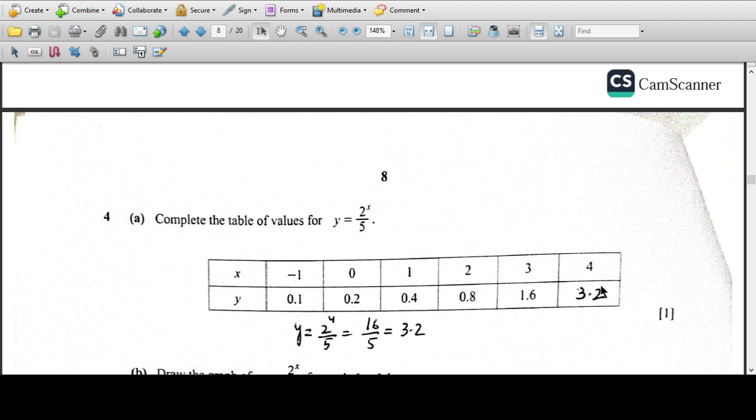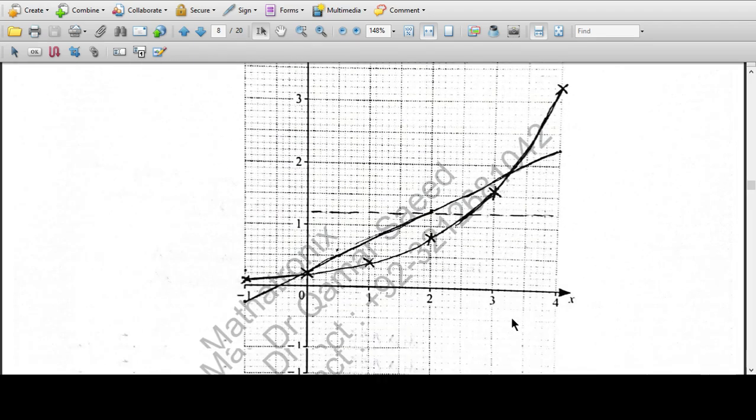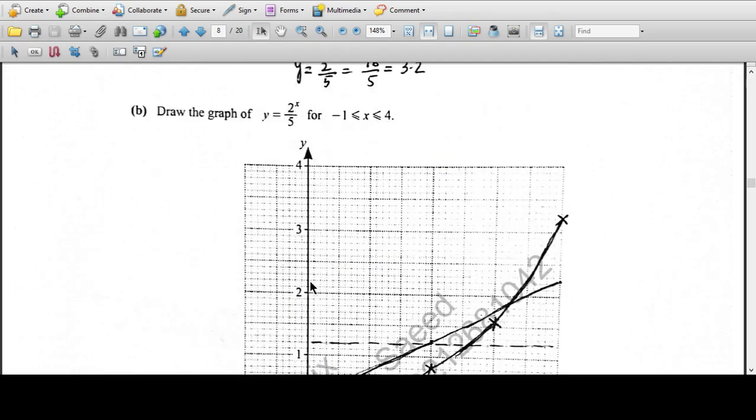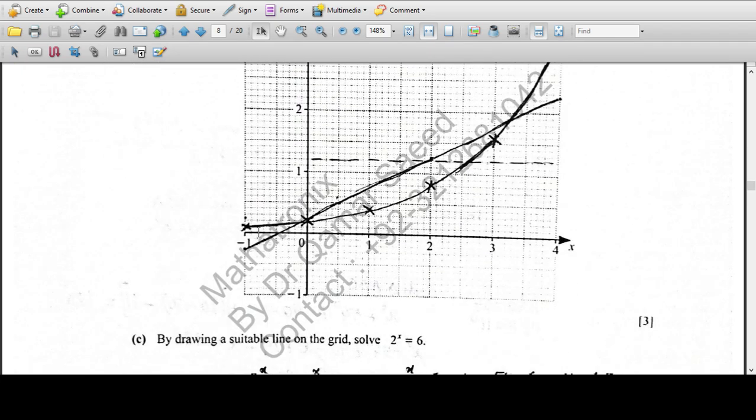So this is 3.2, and now draw the graph of y is equal to 2 power x upon 5, for x from minus 1 to 4. For this range we have to draw the graph. The value at minus 1 is y equals 0.1.